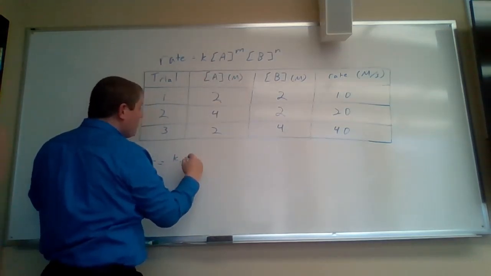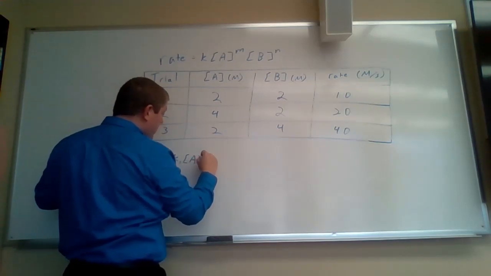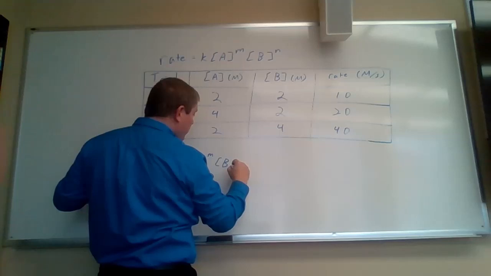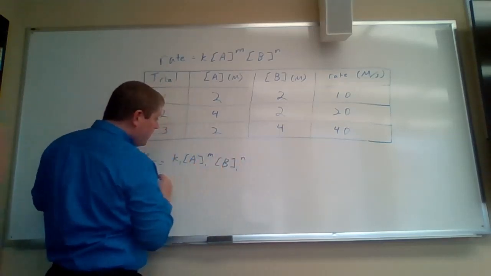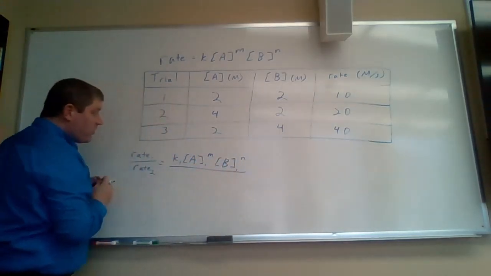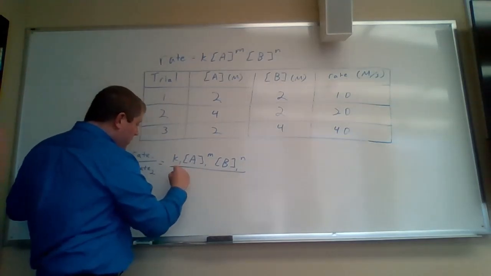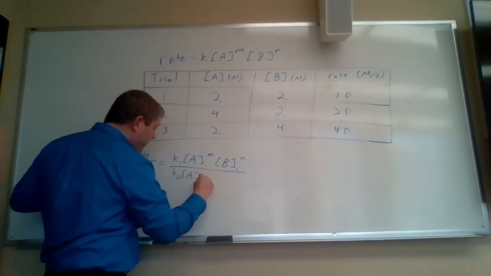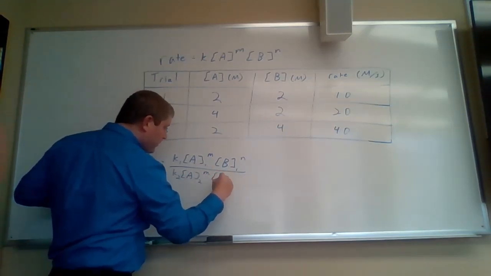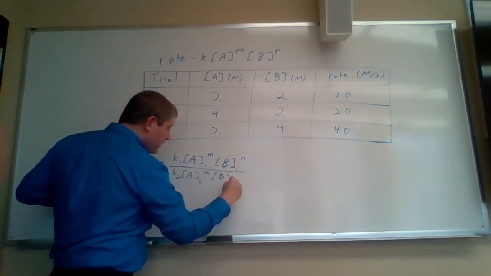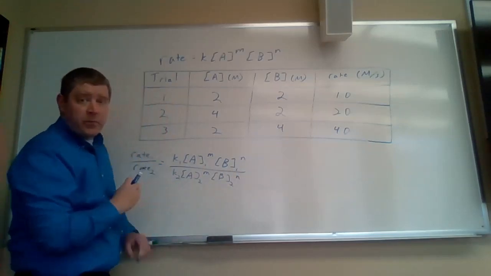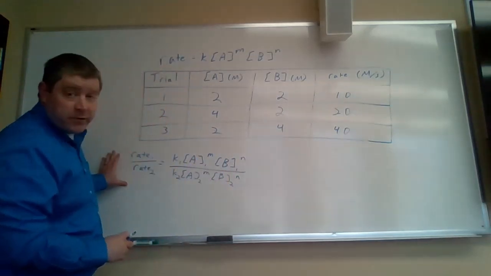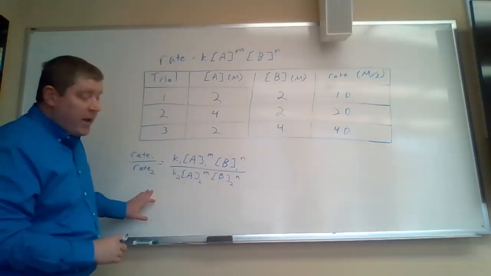So k1, concentration of A1 to the m, concentration of B1 to the n, and divide by a similar expression involving the second trial. Now, we could at this point plug in values here and solve, but let's do a little bit of algebra first.